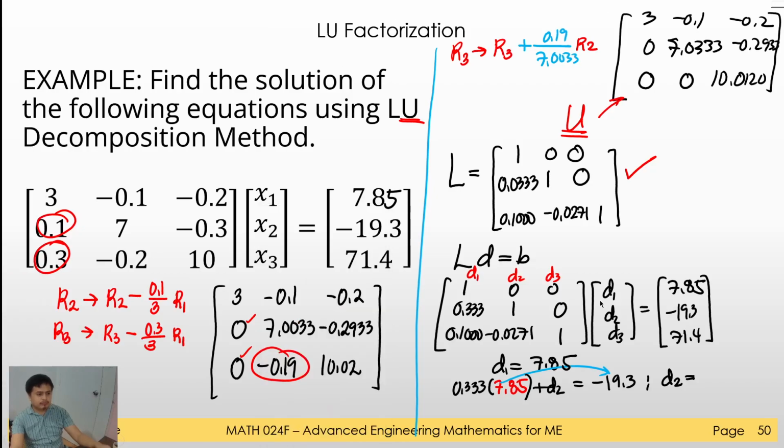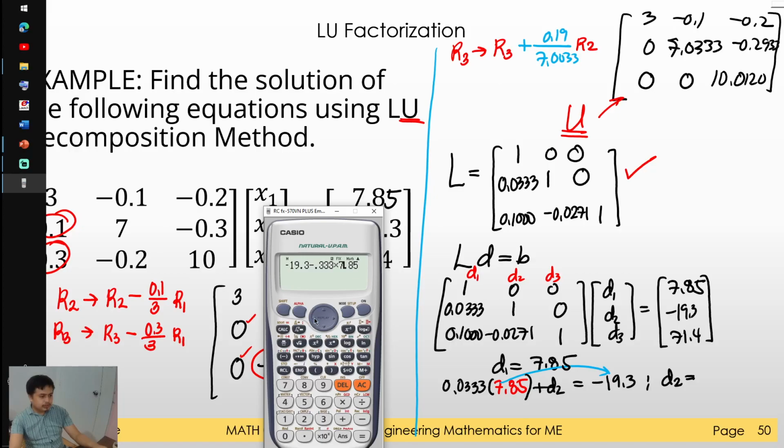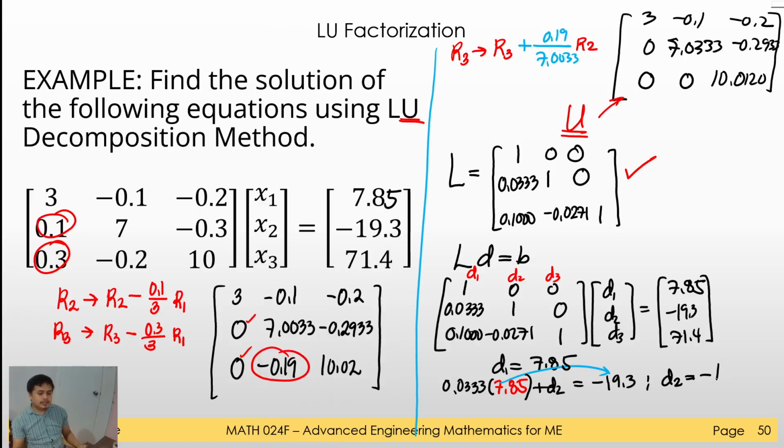It's 0.0333 pala, no? So we have another error here. Okay, I found it already. So be careful when solving using your calculator. So we found the answer: negative 19.5614. Sorry for that. So we have this as our D2.